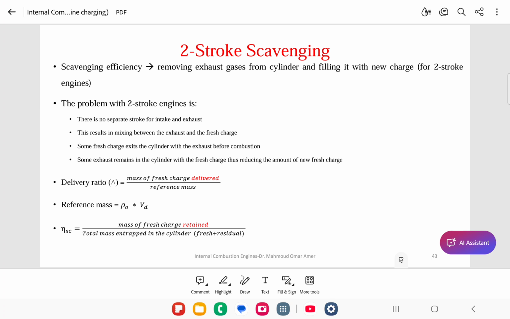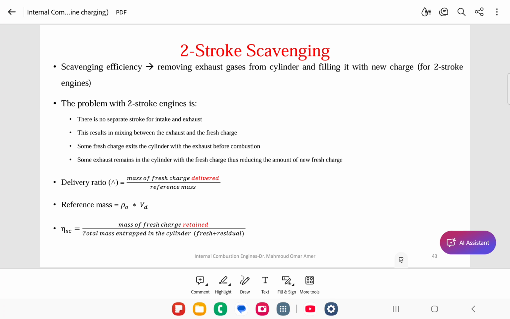So, can the value of the delivery ratio be more than 1? Yes, it can be more than 1, if you are talking about a turbocharged engine, forced induction. But can the scavenging efficiency be more than 1? Never. Because you always divide the mass of fresh charge retained over the total mass trapped inside the cylinder, including the fresh charge retained and the residual exhaust.